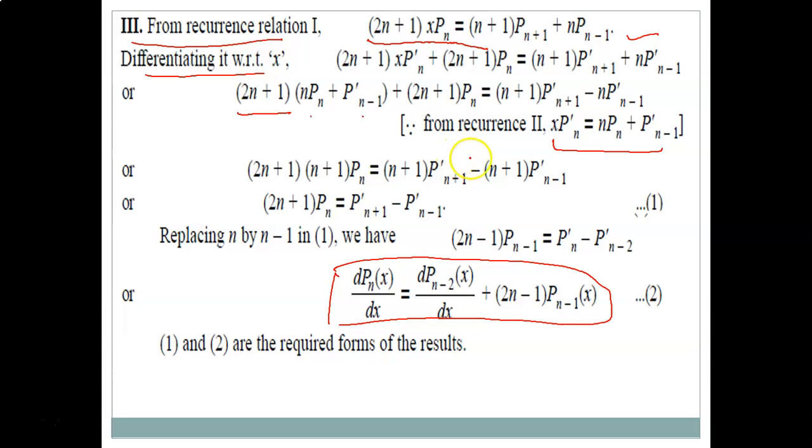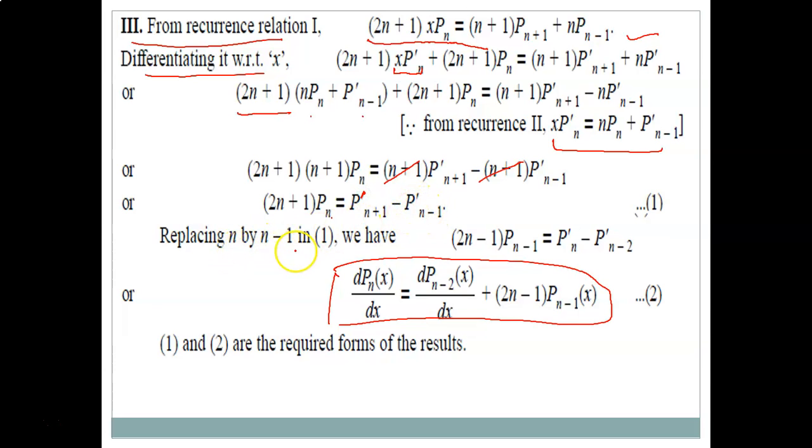In place of this you can write x into Pn dash, as it has been written over here. After simplification we get (2n+1) Pn equal to Pn plus 1 dash, because n plus 1 will be cancelled out on both sides. Then this is Pn plus 1 dash minus Pn minus 1 dash.